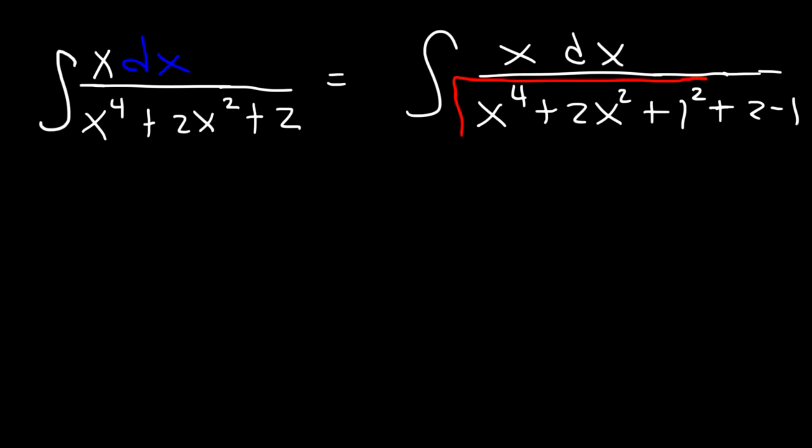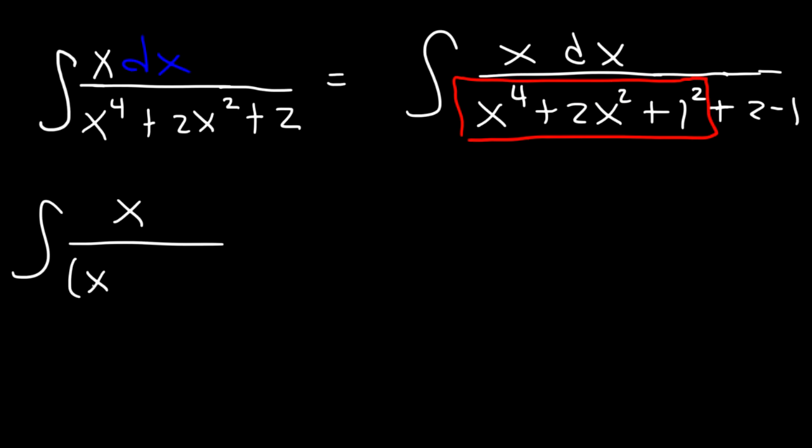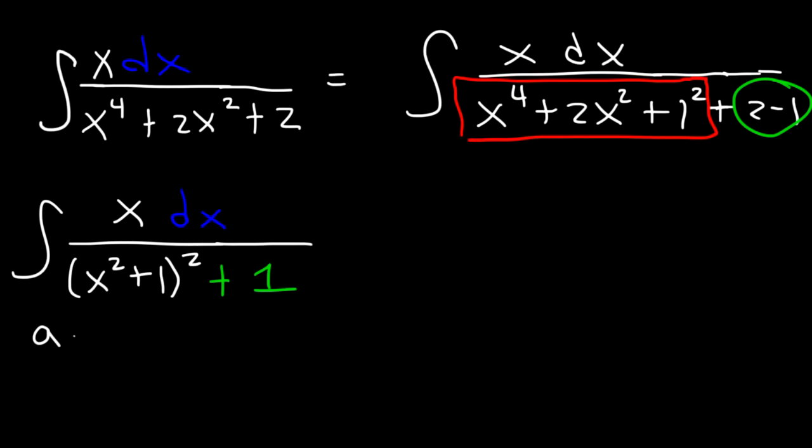X to the 4th plus 2x squared plus 1 you can factor as x squared plus 1 times x squared plus 1, or simply x squared plus 1 squared. And then we have 2 minus 1, which is simply positive 1. So now we can make a squared equal to 1, which means a is 1.